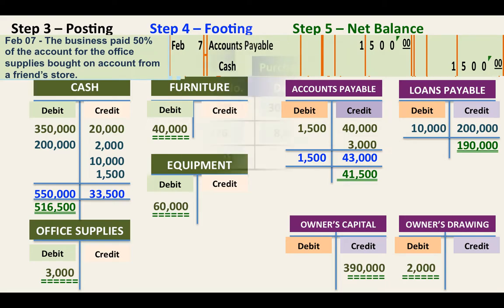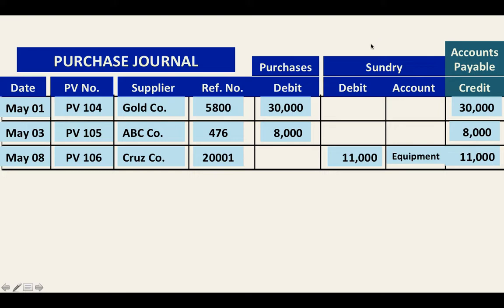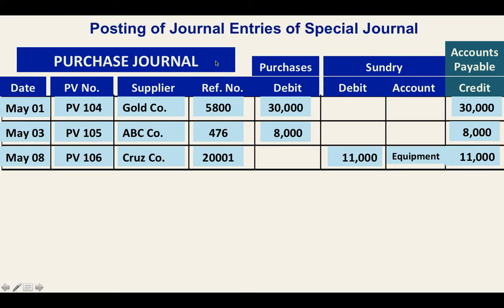Now, for special journal, we have our special journal. Okay, for example, this purchase journal. Okay, and then what we have to do is that we will assume that for the month of May, we will have several entries in this special journal.